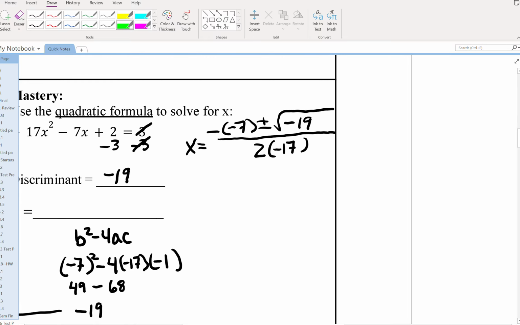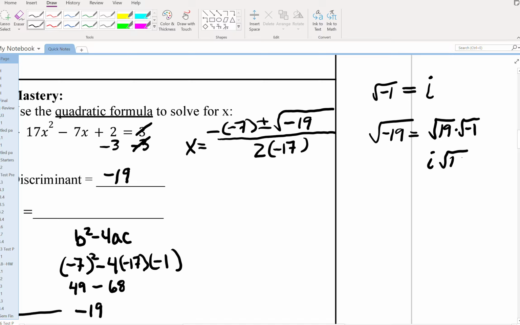Let's say the square root of -1 is defined as being the imaginary unit i. If I want to simplify the square root of -19, that's the same as the square root of 19 times the square root of -1. And that -1 comes out, so this is i square root of 19. Beyond that, you cannot simplify it, so we're going to leave it in terms of the square root.